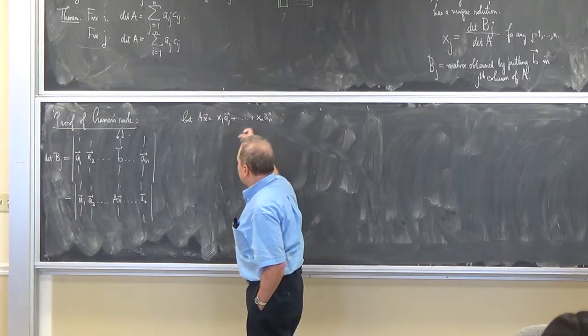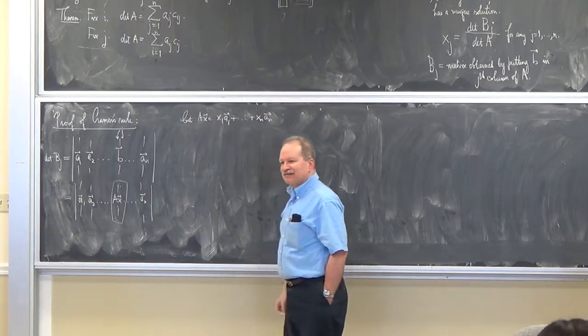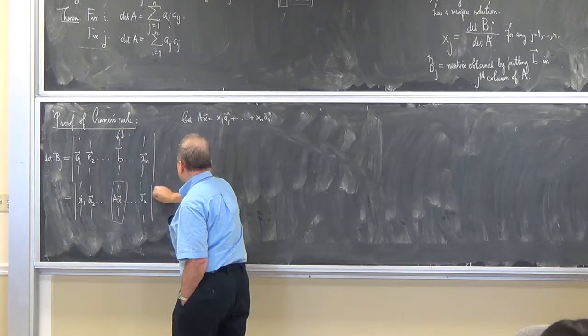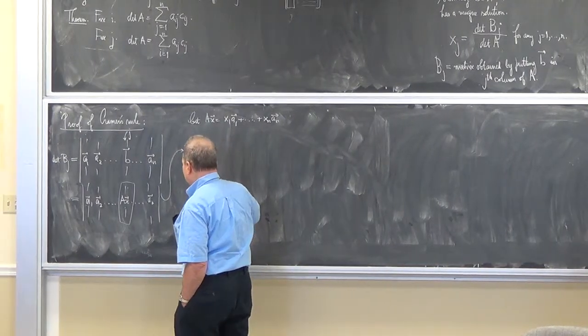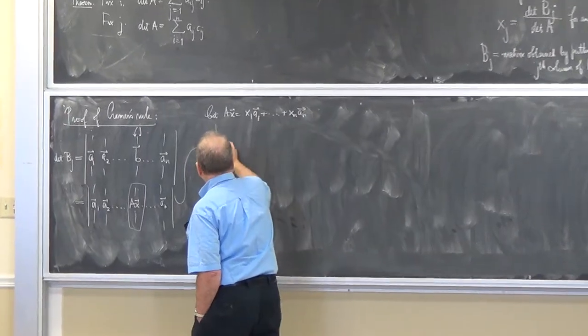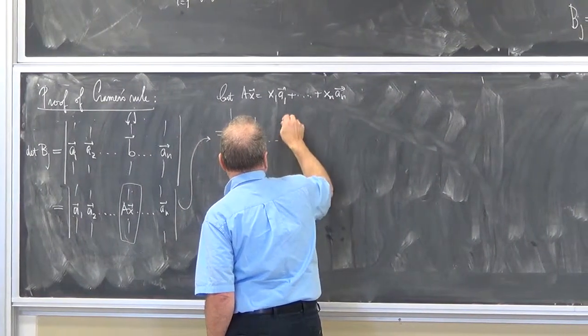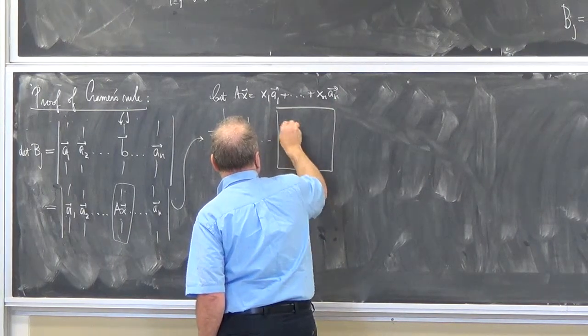So if I put in this linear combination of the columns here, what happens? You're adding multiples of columns, so it doesn't change the... Bless you. Well, you're ahead of me. So I've got A1, A2, and then in this jth column, I've got this ridiculous linear combination.